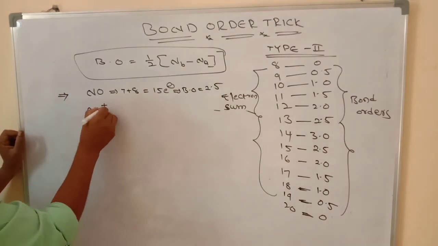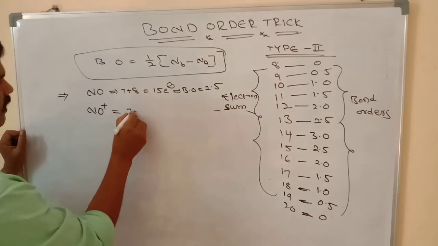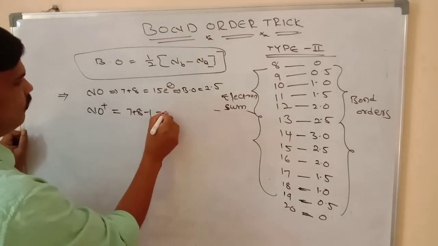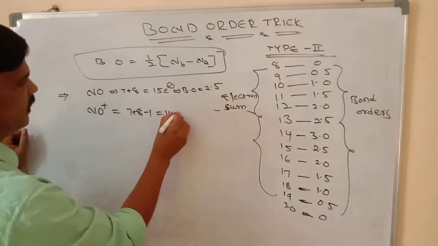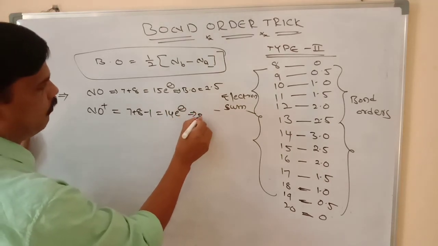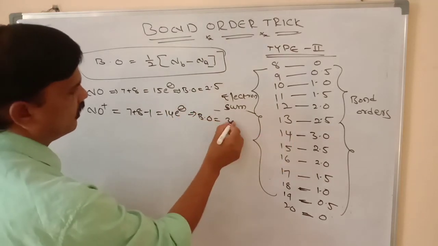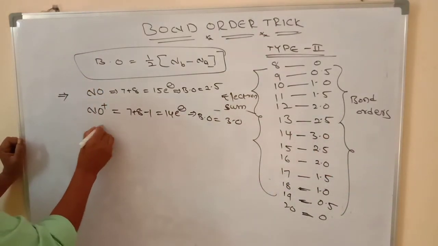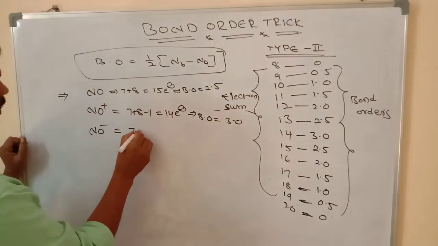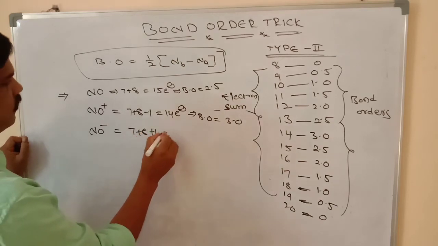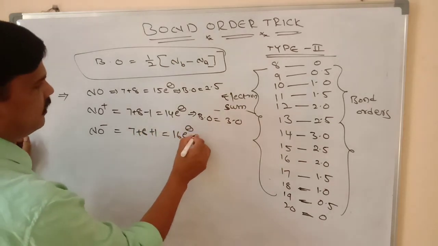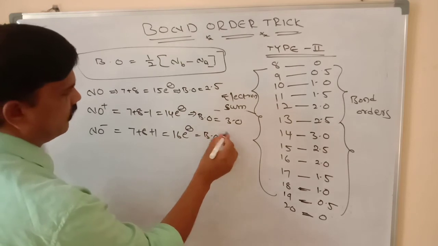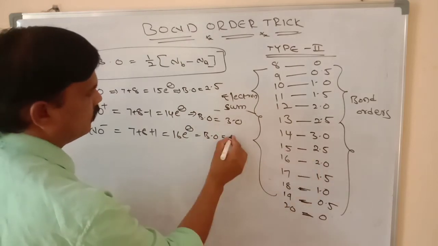NO plus: 15 minus 1 is 14 electrons, so the bond order is 3.0. NO minus: 7 plus 8 plus 1 is 16 electrons, so the bond order is 2.0.